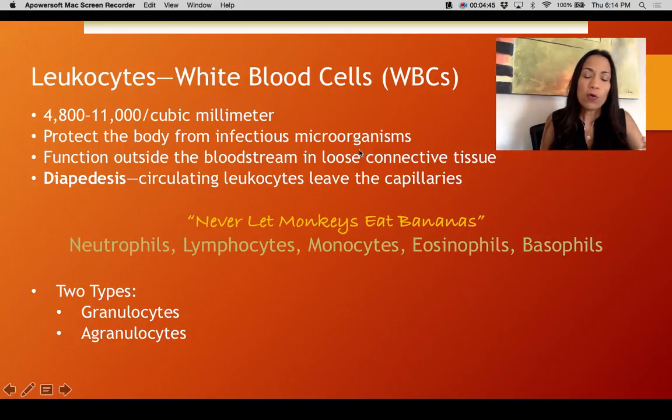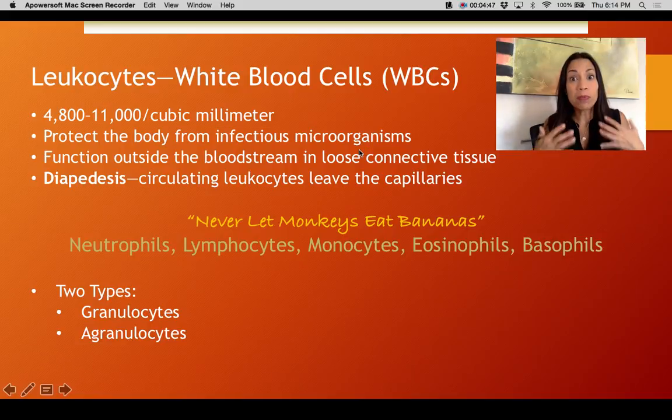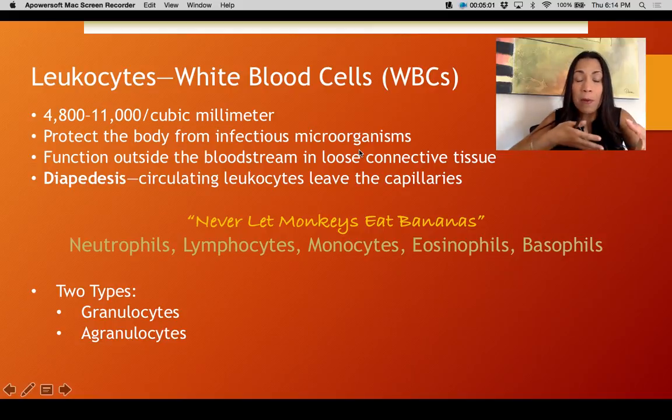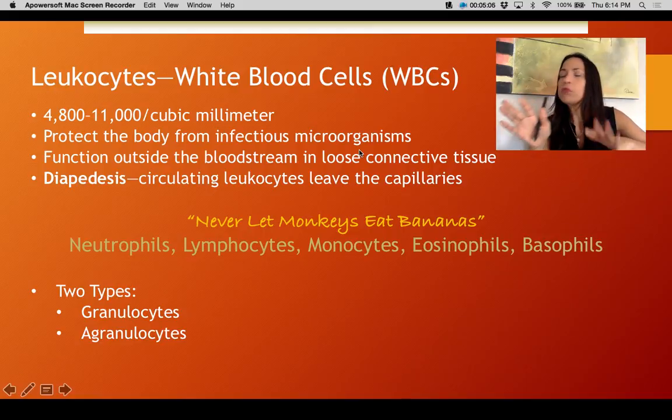Now, as I'm going to describe them today, they are swimming in the pool of blood. They are circulating in blood. They are monitoring, making sure that as they pass through the liver, there's no bacteria in there.